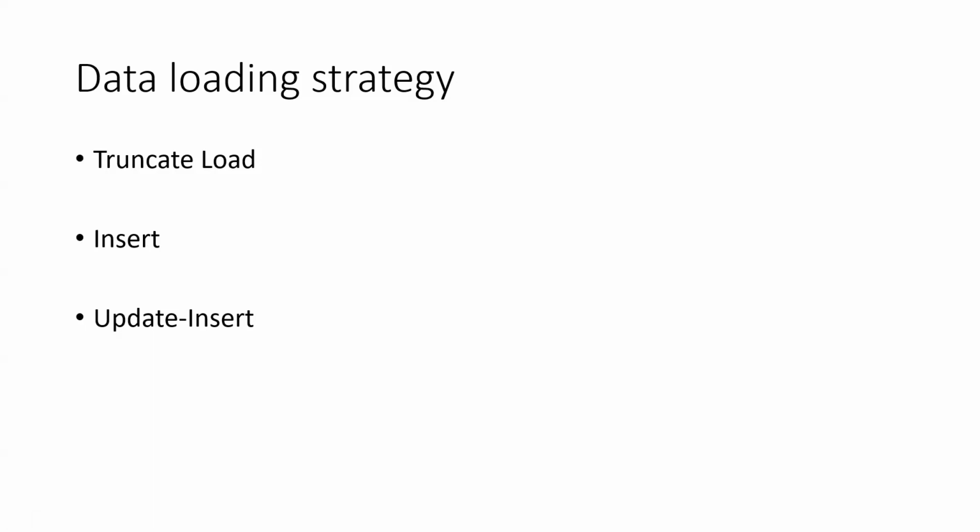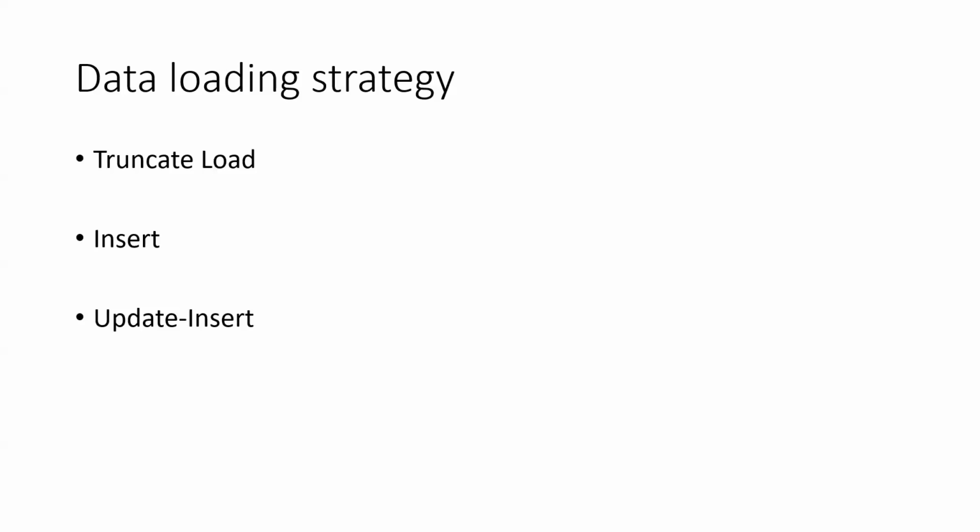If we go ahead with the full refresh, the full data should be coming at the target, but the full data should not be appended into the target because the target already has some records which have been loaded from the previous day's data loading by the ETL tool. So for that reason, we need to truncate the table first. Truncating, we have already covered what truncate is.